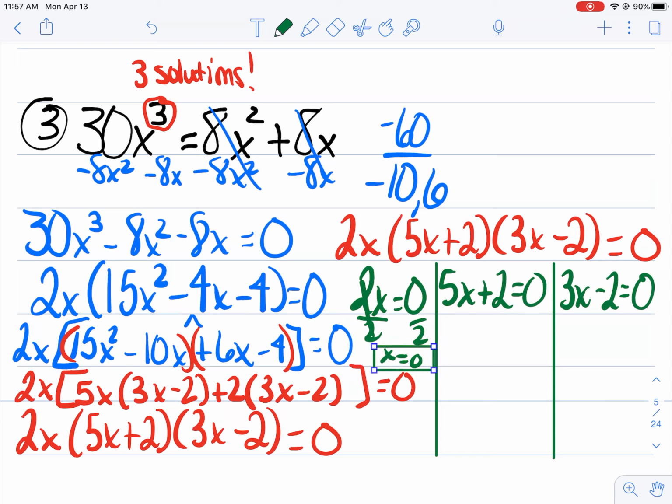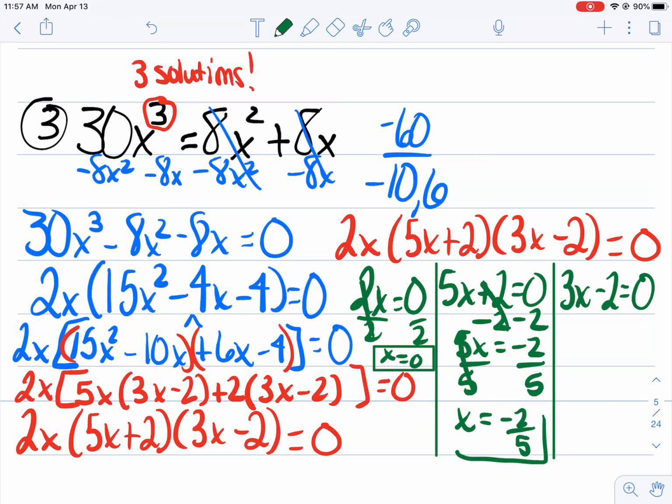Remember, we're supposed to get 3. And then we're going to get 3 because we have 3 factors to set equal to 0. So then I'm going to subtract 2 there. I get 5x equals negative 2. Divide both sides by 5. I get x equals negative 2/5. I'm going to write that a little bit clearer. There we go.